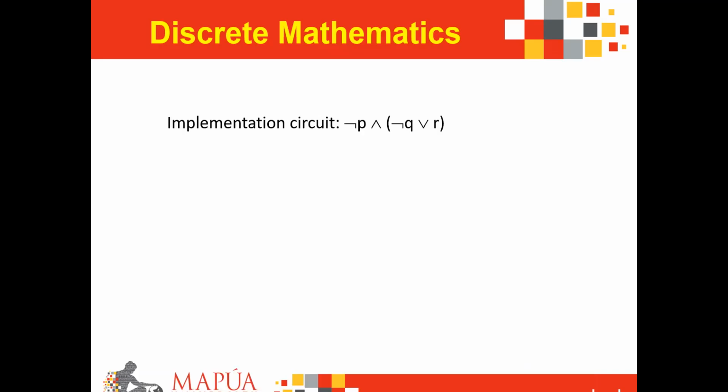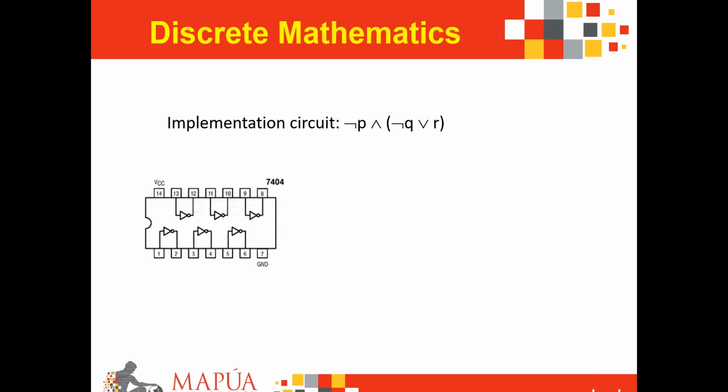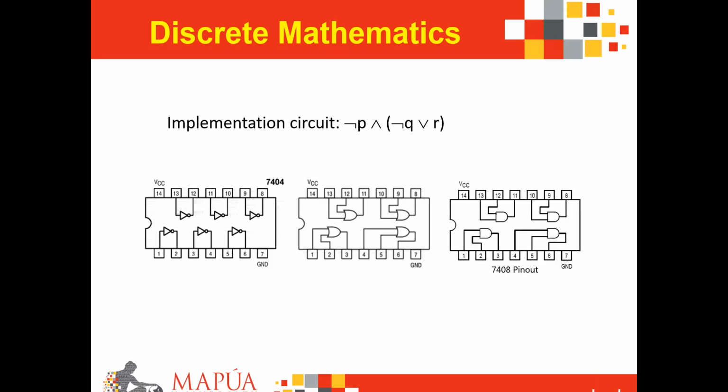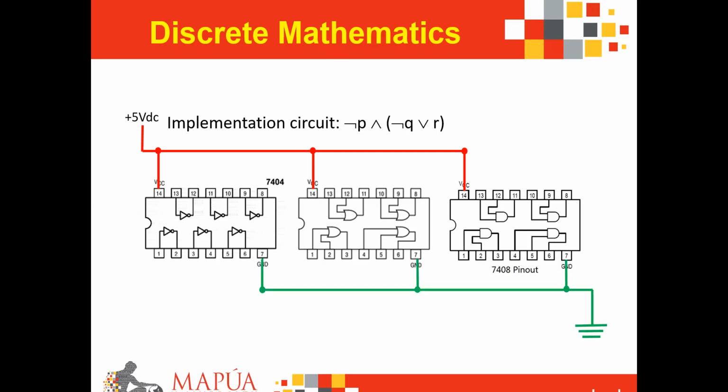In order to implement this given expression on a particular circuit, we establish our ICs: for a negation connective NOT, the 7404, an OR gate IC 7432, and a 7408 IC, an AND. And in order to make these ICs work, their pin 14s must all be connected to a 5-volt DC supply, while all pin 7s must be connected to the ground.